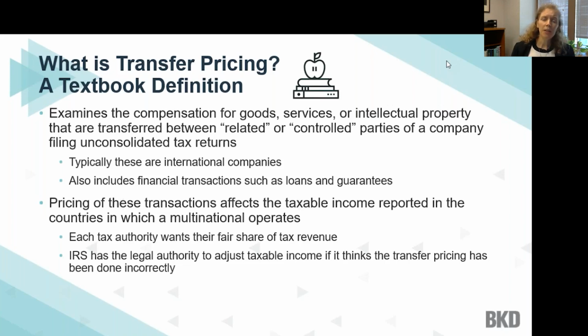So typically, my clients are international companies. That's in part because the world has all these different tax rates, even though there's this talk of a global minimum tax, and we'll talk about that very briefly at the end. Many countries change their tax rates every few years.